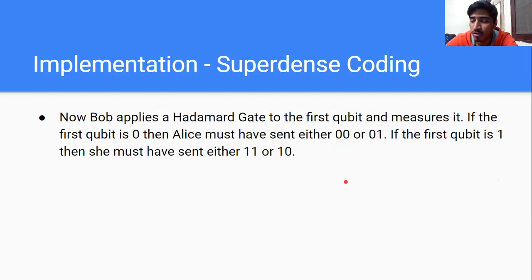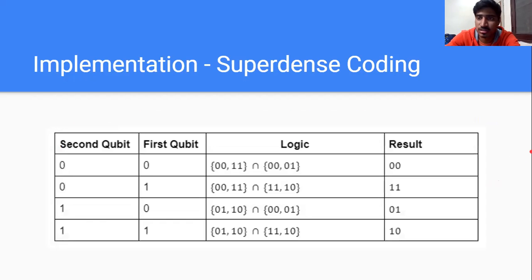According to the result of his measurement, he comes to this conclusion. So let's see a table which very elaborately describes this. If Bob measures the second qubit and it comes 0, then he concludes that Alice must have sent either 0, 0 or 1, 1. And if he measures his first qubit after applying the Hadamard gate and it comes 0, then he concludes that Alice must have sent either 0, 0 or 0, 1.